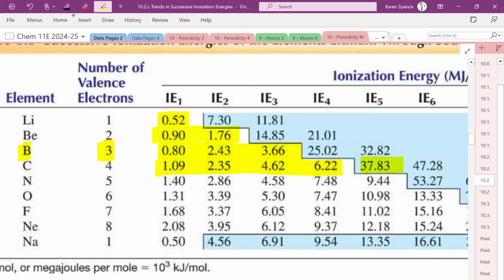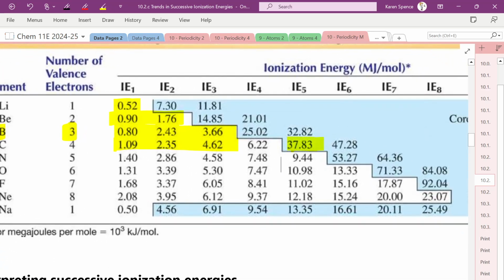When we go from 6.22 to 37. So just look for the big jumps. And if you can't recognize the big jumps, then I don't know what to tell you. 9 to 53 is a big jump. 13 to 71 is a big jump. Yes? So look for the big jump.